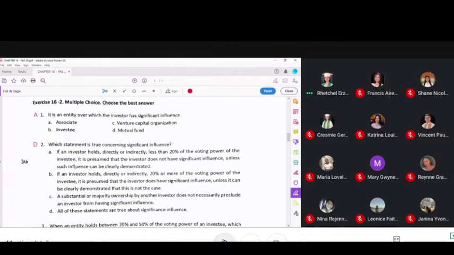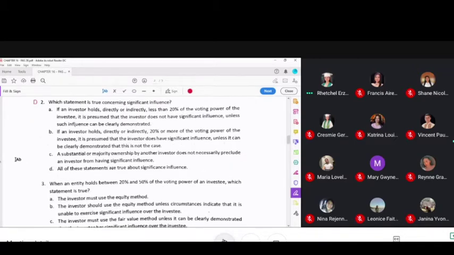All you have is significant influence. Normally, when you have majority of the shareholdings, we would say that you already have control, not just influence. But again, it's possible that you have more than 50%, but all you have is influence and not full control over the investee corporation.